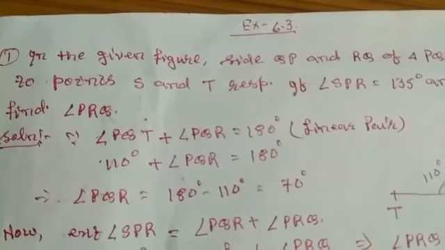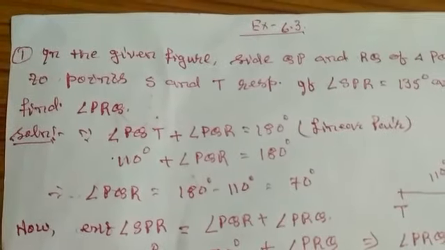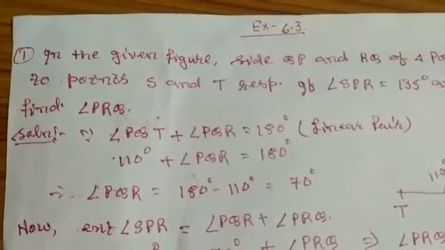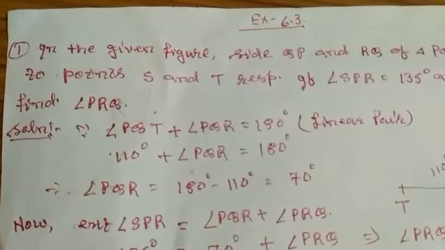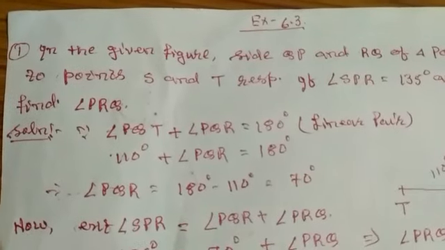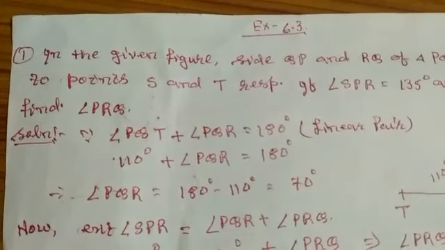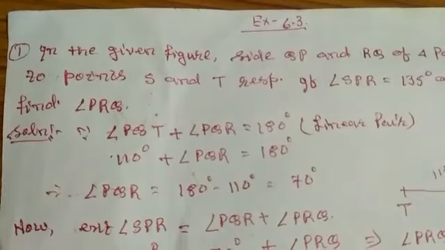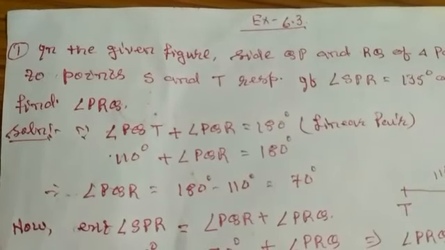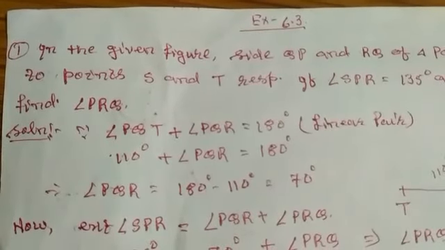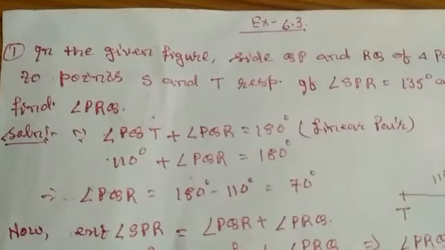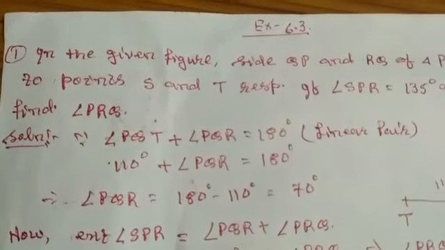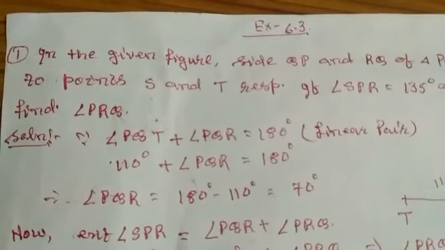In my previous class, I have discussed some theorems related to triangles, that is, angle sum property of triangle and exterior angle property of triangle from the chapter Lines and Angles.